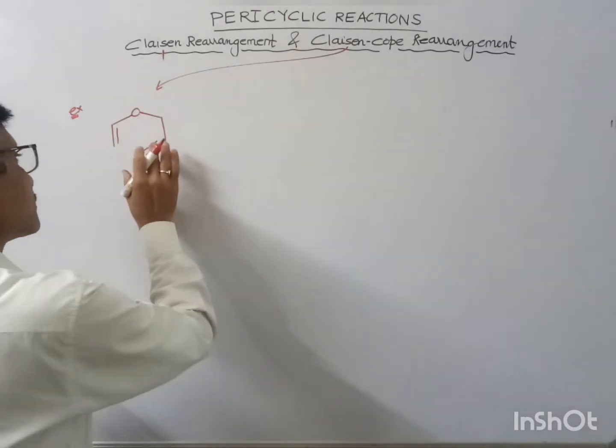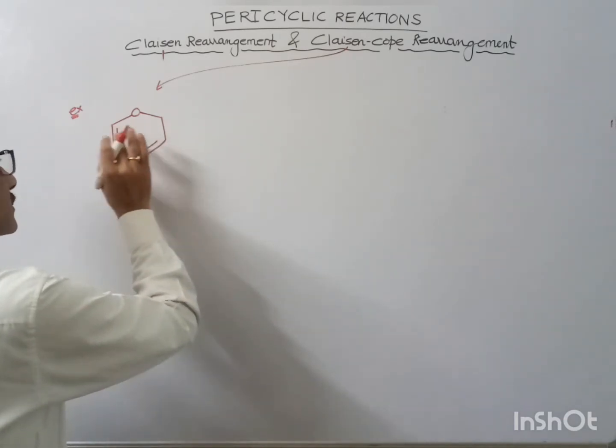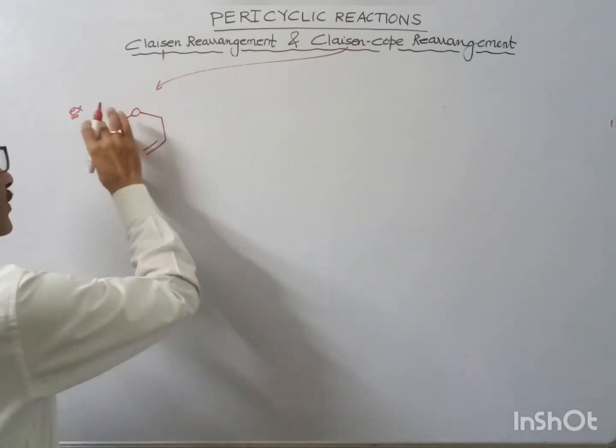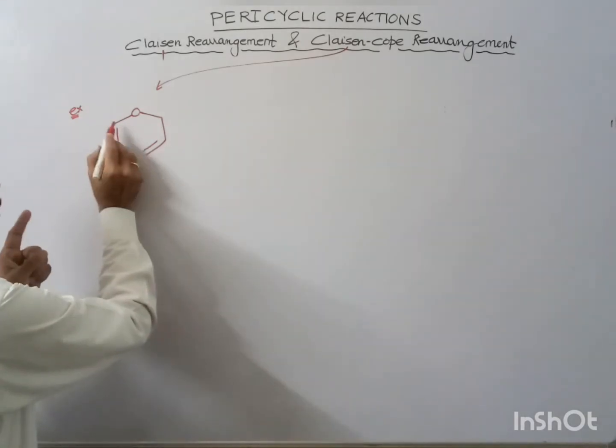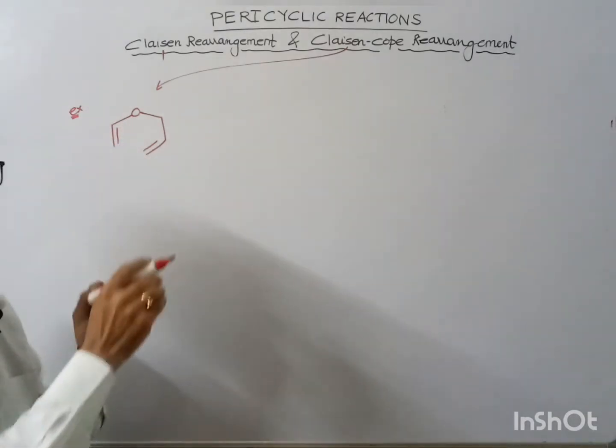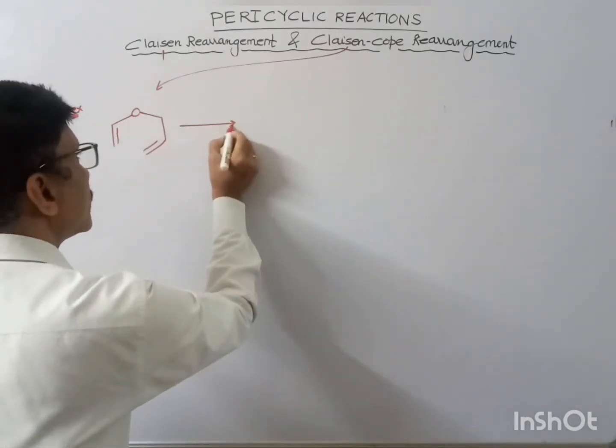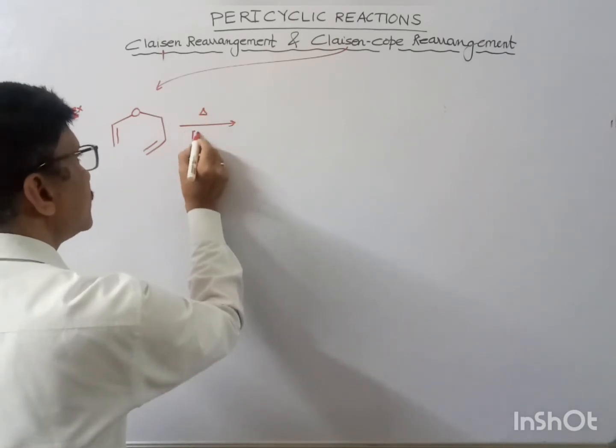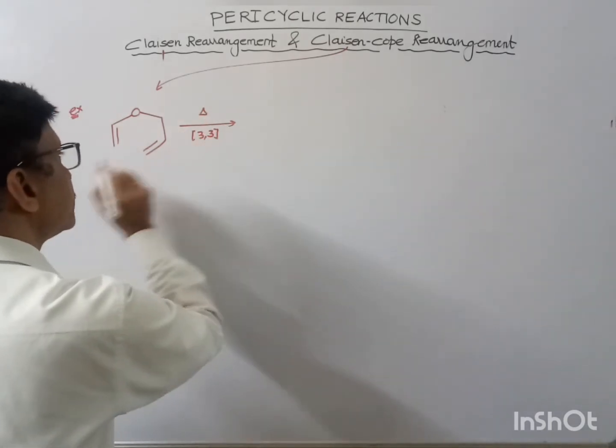Now here the substrate molecule is allyl vinyl ether. So in place of aryl we have vinyl over here. So under thermal condition 3,3 sigmatropic shift will take place.